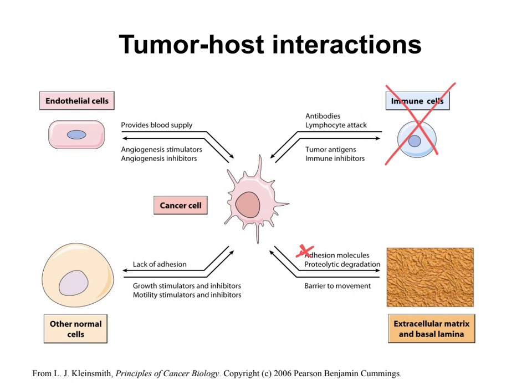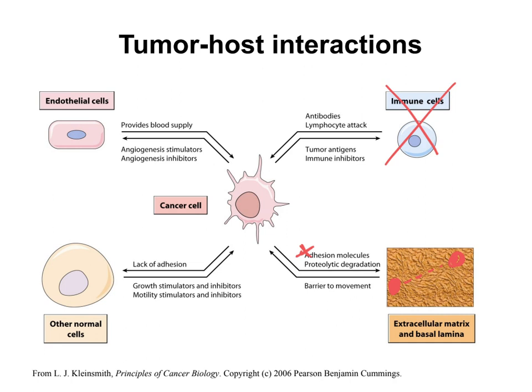In order for the cell to move through tissue to begin the invasion process, it has to be able to move through the extracellular matrix. If this is the cell, it has to chop its way through here so that it can move through there. If it's unable to do that, then it's not able to move.